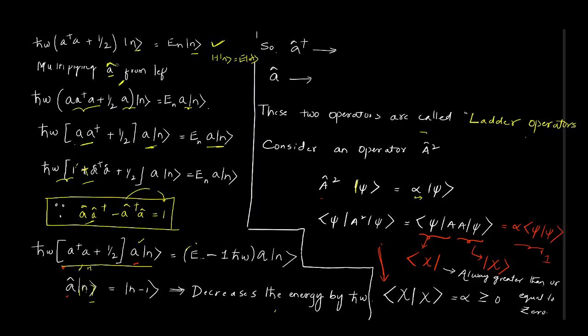In the earlier case we multiplied with A†, now we are multiplying with a from the left. What happens? The equation becomes ħω(a A†a + 1/2 a) ket, which equals En a ket.